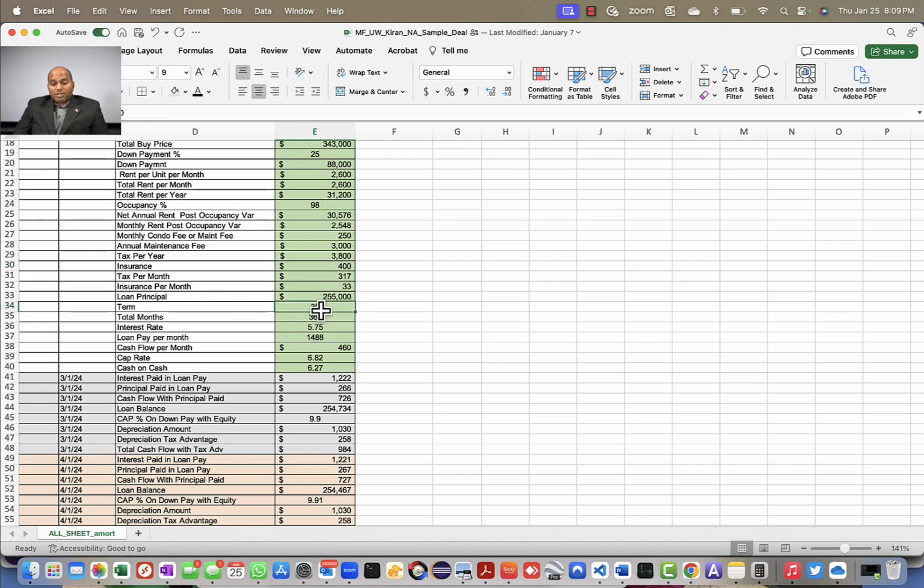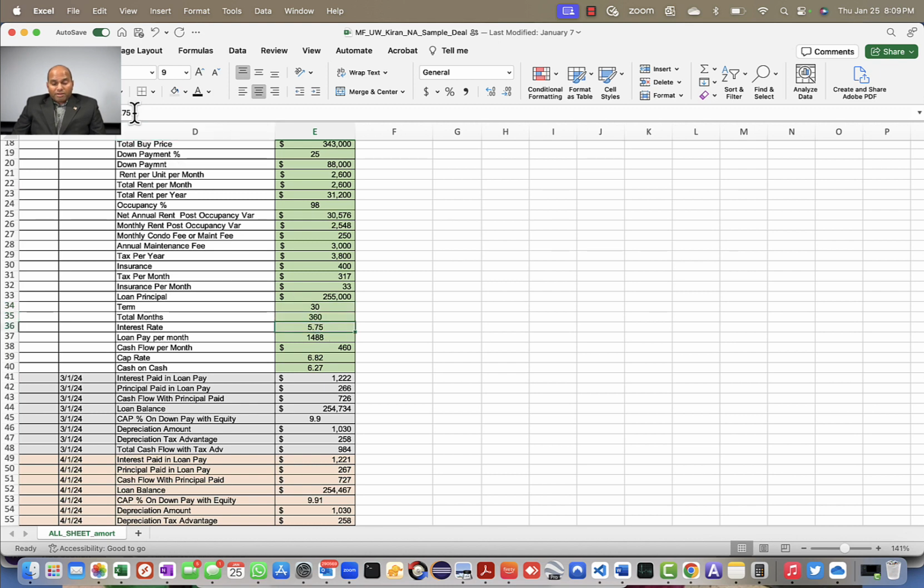Term, we are using 30. You could just play with it. You could do a 25-year term or a 15-year term. I acquired properties early on using 15-year terms and still cash flowed. Now it's very rare or close to impossible to cash flow with a 15-year term. Total months is 360, and then interest rate, you've got to play with it.